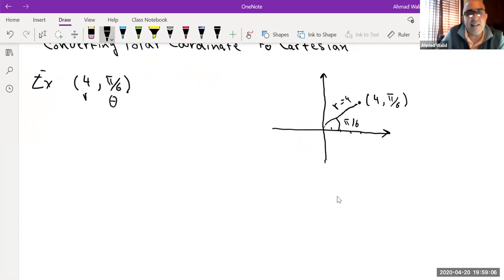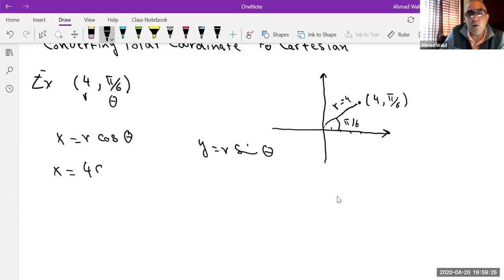I have x equals r cosine theta, and y equals r sine theta. Do I know how much r is here? Yes. Then x equals 4 cosine of pi over 6. My theta is pi over 6.